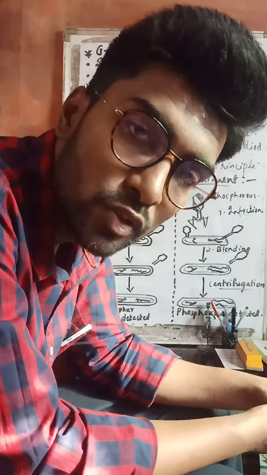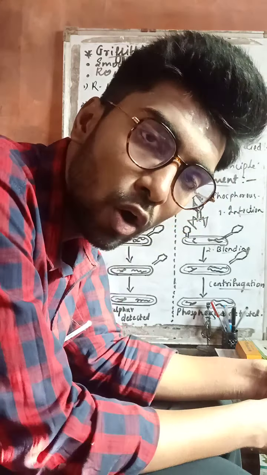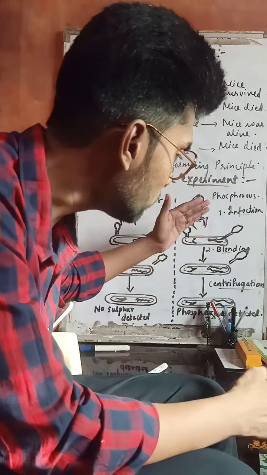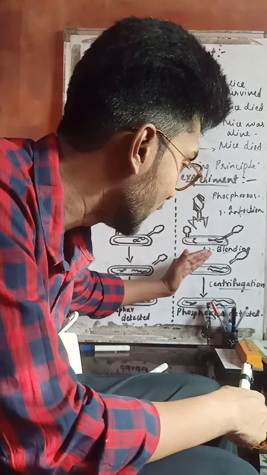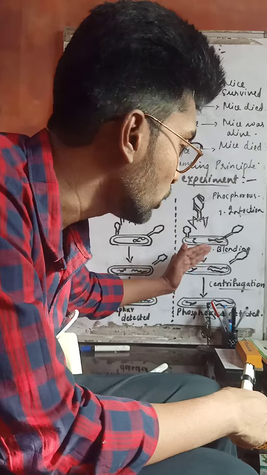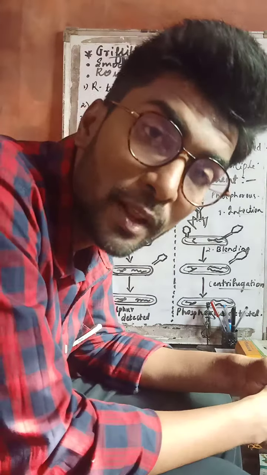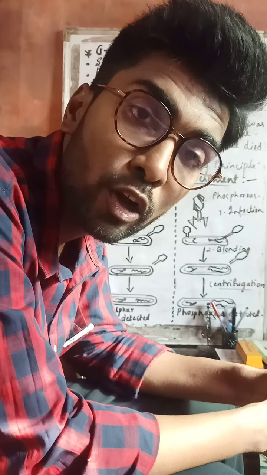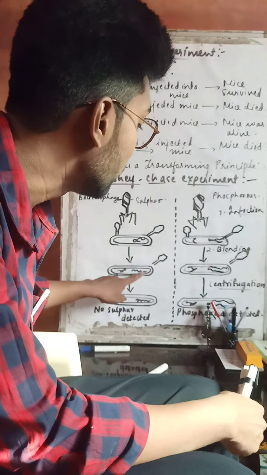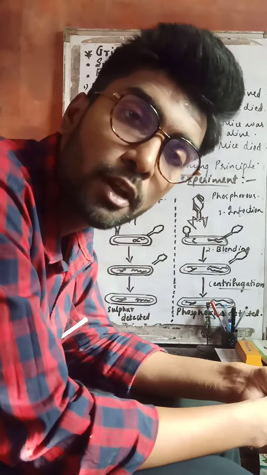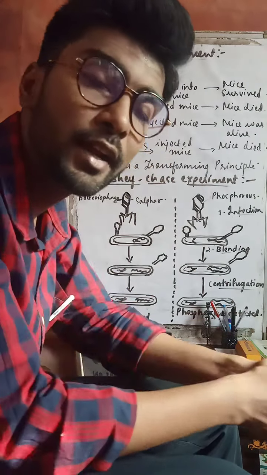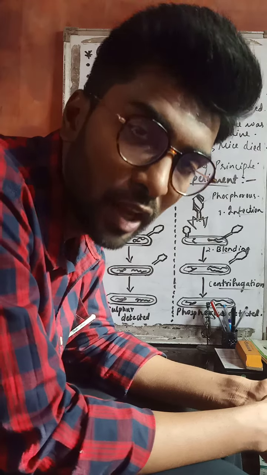Now the viruses were transferred into the E. coli cell, or the bacterial cell, right? It was seen that the radioactive DNA from the radioactive phosphorus medium had the ability to penetrate inside the bacterial cell, the Escherichia coli cell, right? But the radioactive protein from the radioactive sulfur medium did not penetrate inside the bacterial cell, right?